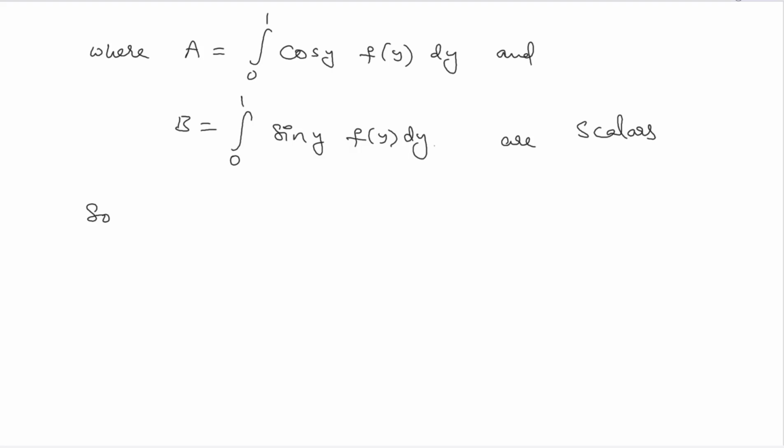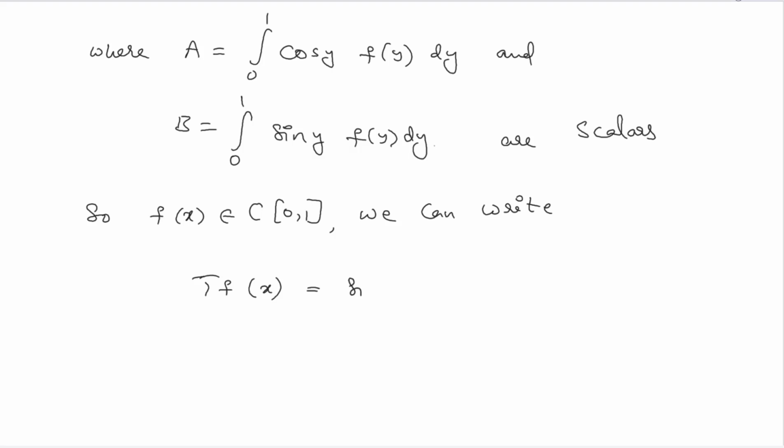So for any vector f(x) in C[0, 1], we can write T f(x) as a times sin x plus b times cos x, where a and b are scalars.